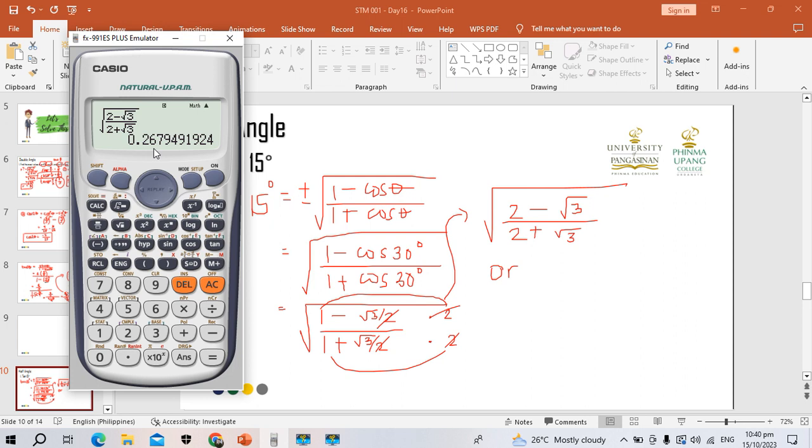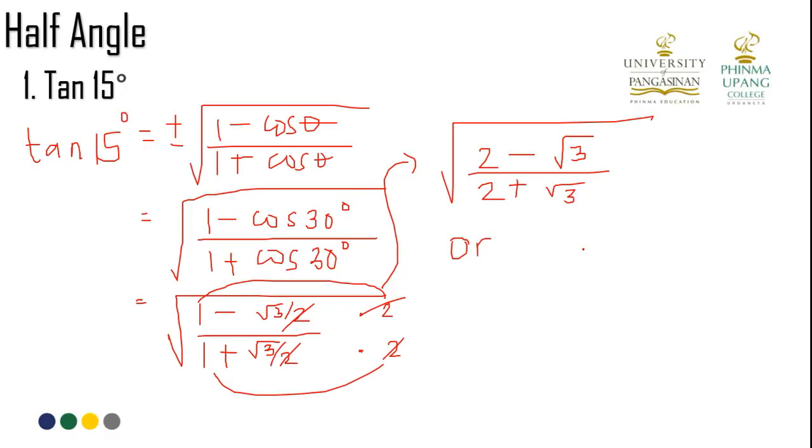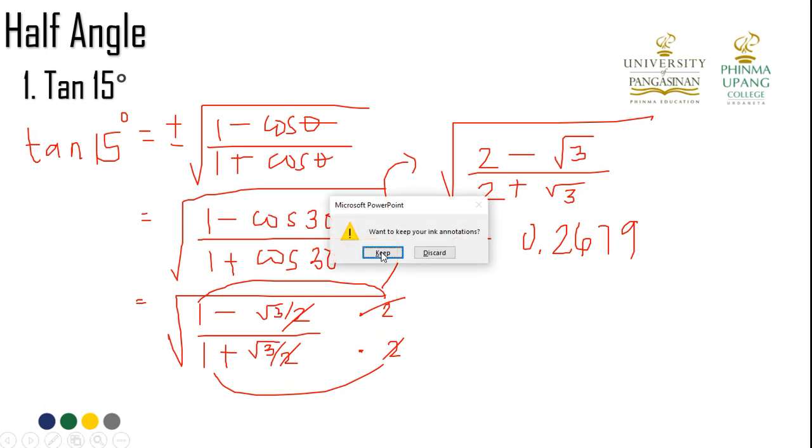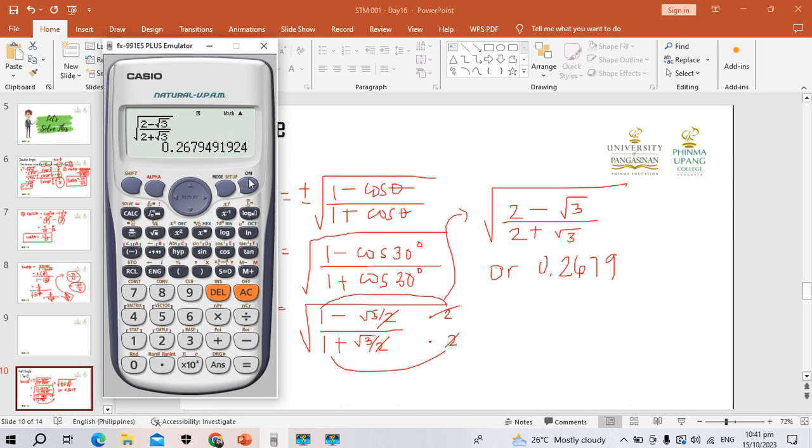And ganun din yung gagawin niyo sa exam. 0.2679. Lagay natin yung or 2679. Yan, yung solve natin. So, try natin siyang i-calculator directly. If it is 2679. So, try natin dito yung may distribution of 2.